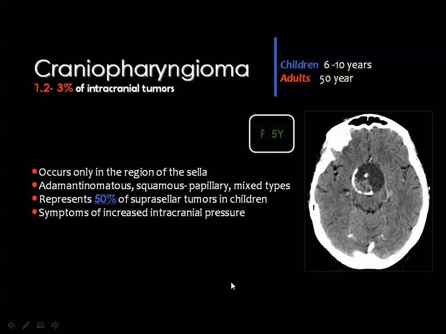This lesion occurs in the suprasellar area. It may extend inside the sella, and in children it represents about 50% of the suprasellar tumors, and usually presents with signs and symptoms of increased intracranial tension.